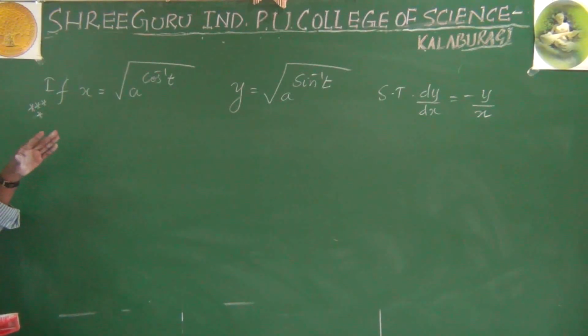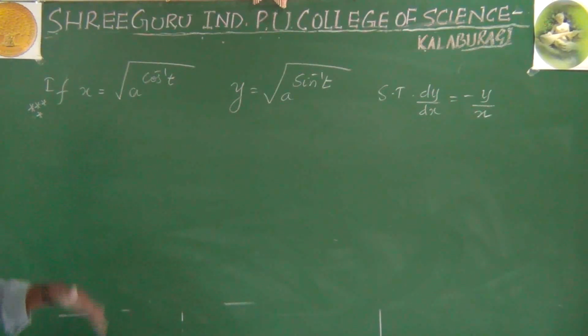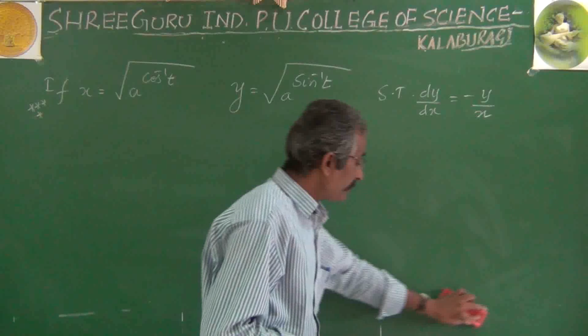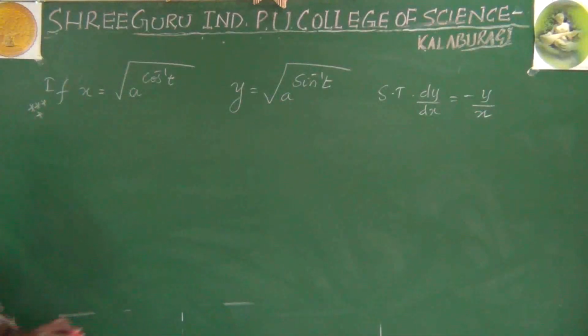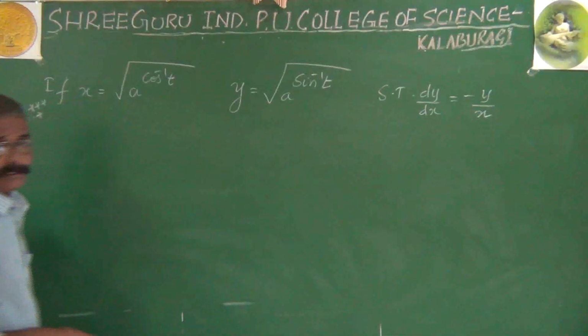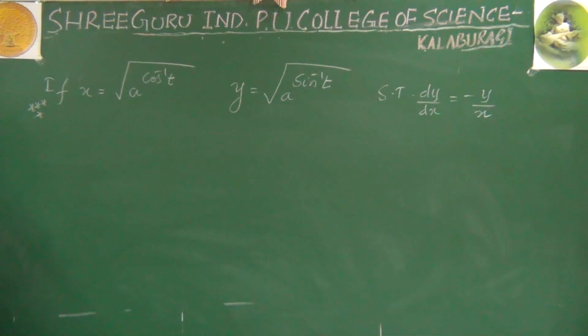But this procedure for this particular problem will be a little bit tedious, I mean complicated. So you can treat it in mind as a special problem. Though we are given parametric form, it is better to transfer from parametric form to Cartesian form.